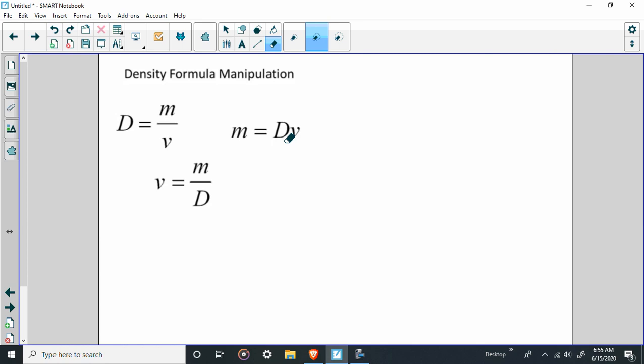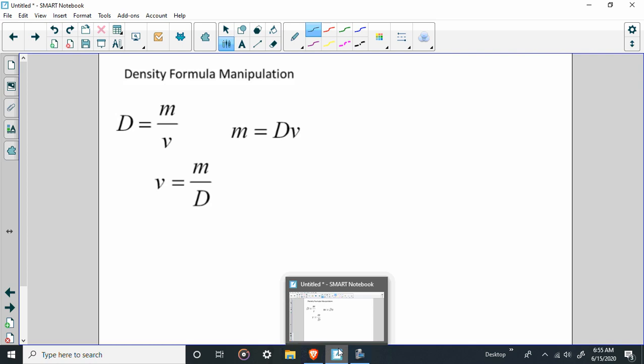We know what the density of ice is compared to regular water, compared to cold water, compared to oil. All these things have a specific density that we know. So if you know the density of them and they're given a volume, you can tell how much it weighs. Or if you're given the density and you know the mass, then you can find the volume. So we can use specific density very much to our advantage.